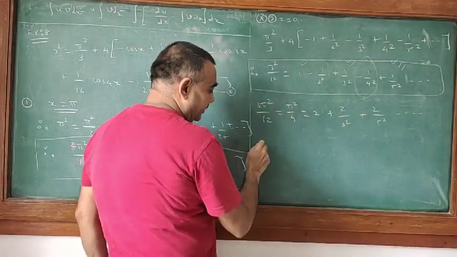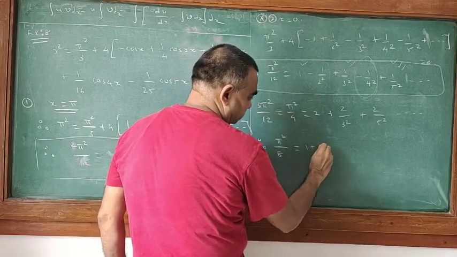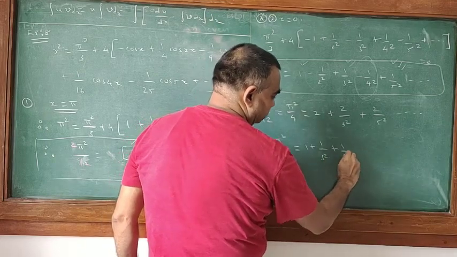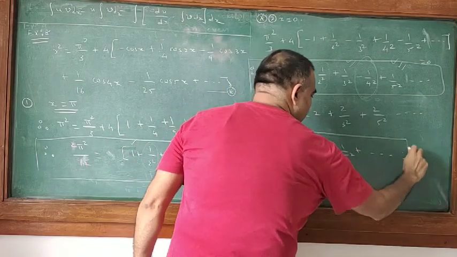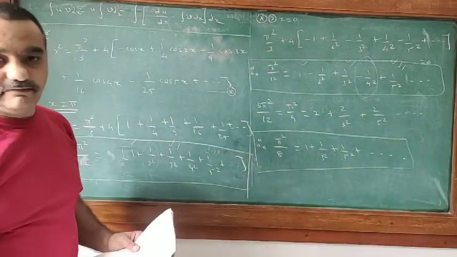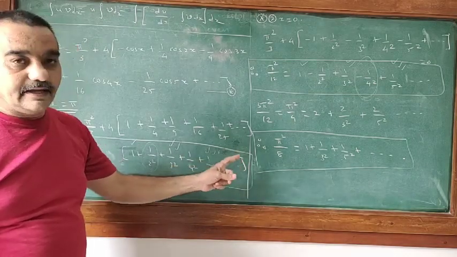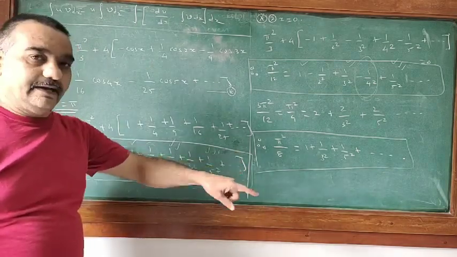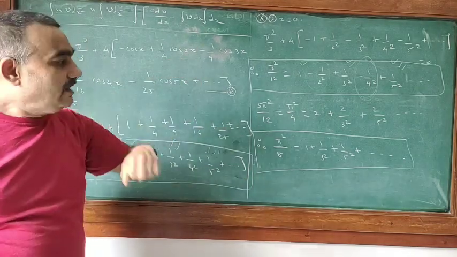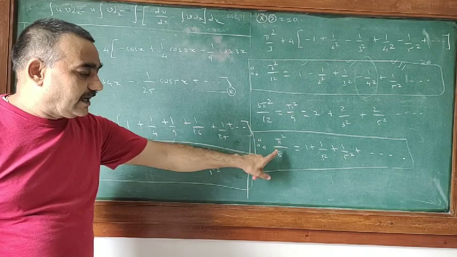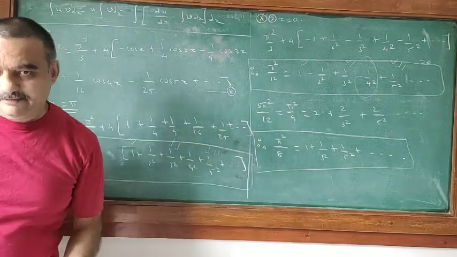So if we take 2 in common, this is the value of pi square by 8, which we found in example 9, just before this calculation, where we found the value of pi square by 8, same as before. Clear?